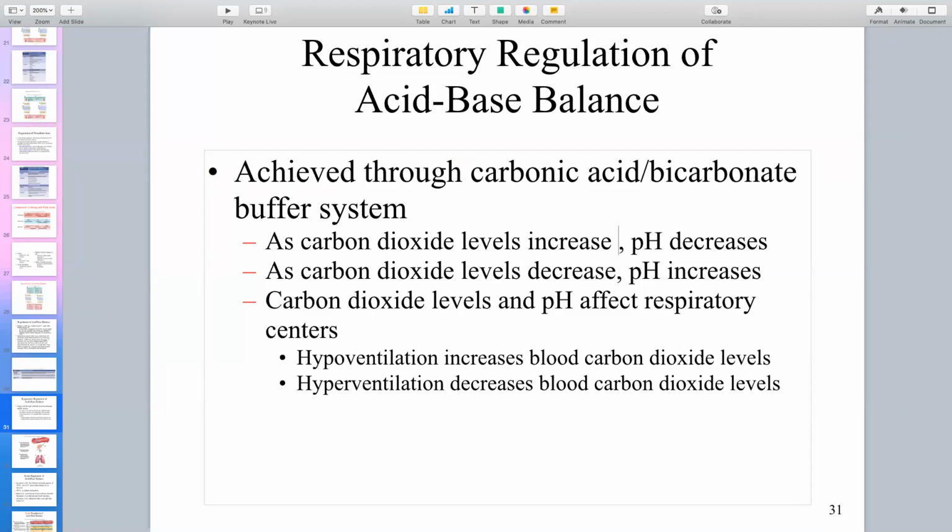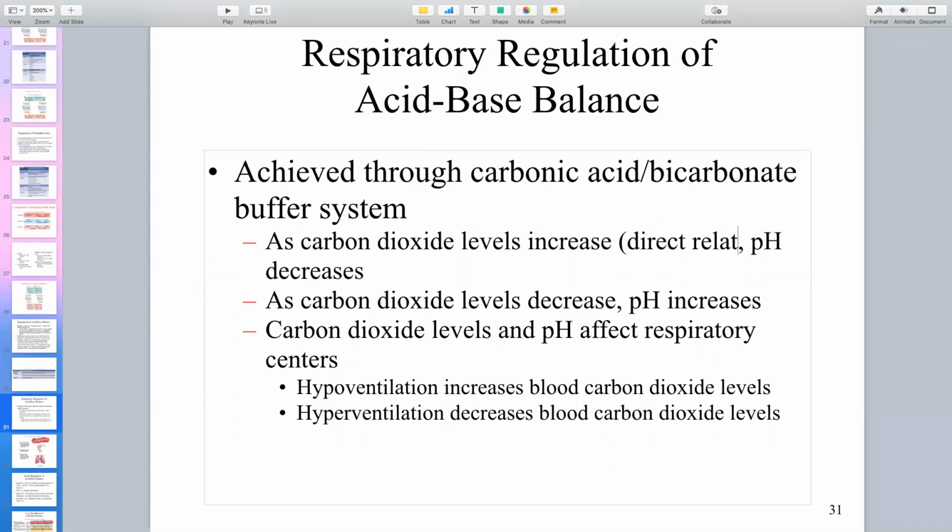I'm going to write that down right here: direct relationship between CO2 and hydrogen, right? So when we have high levels of CO2, we're going to have high levels of hydrogen.